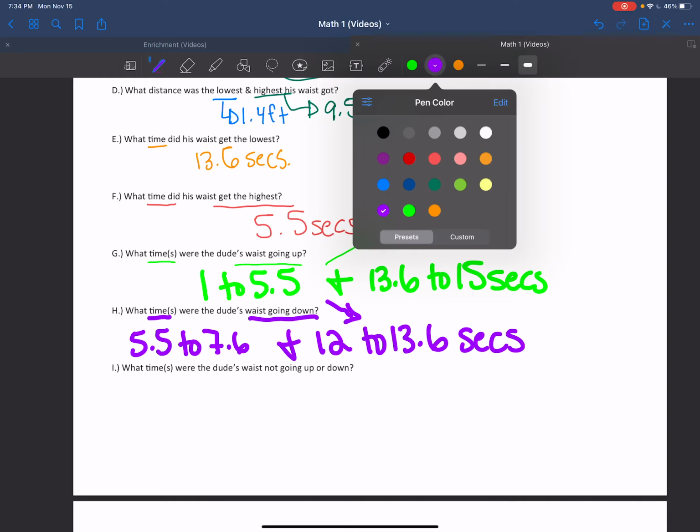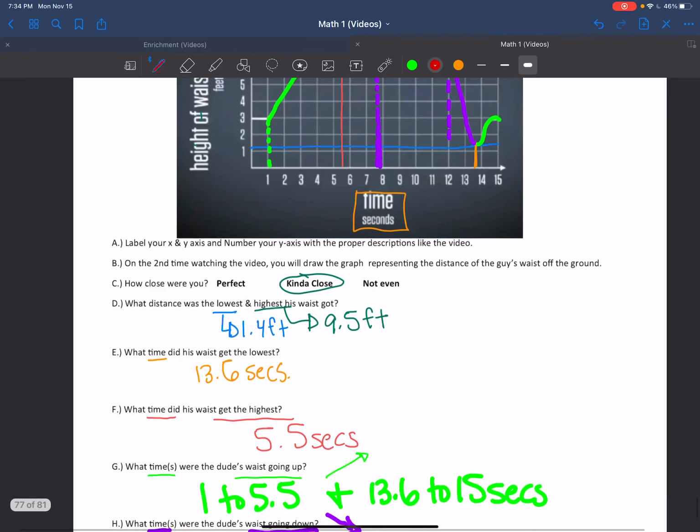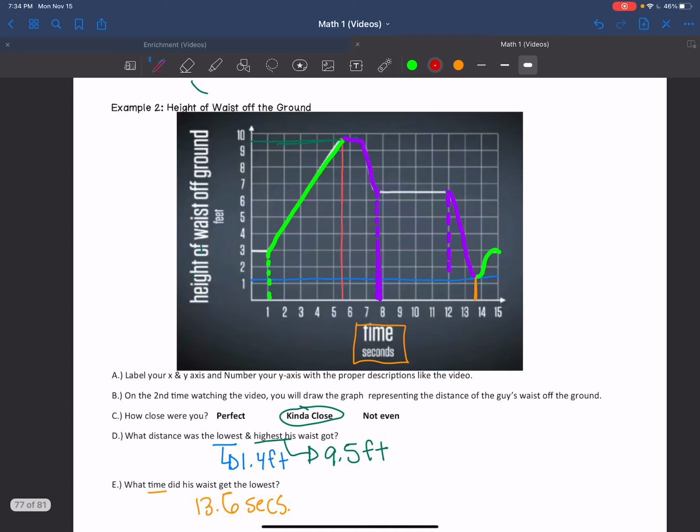The next question is, let's do it in red, when was the graph flat? When was his waist not going up or down? The times we see for that, well, we see that right here. That's a nice long flat line, and we said this was 7.6, and then that goes all the way up to 12 seconds.